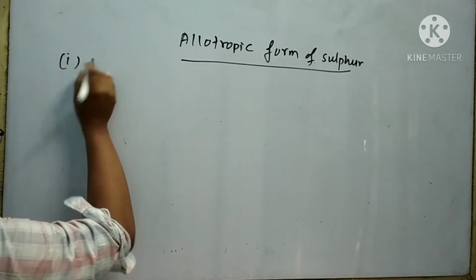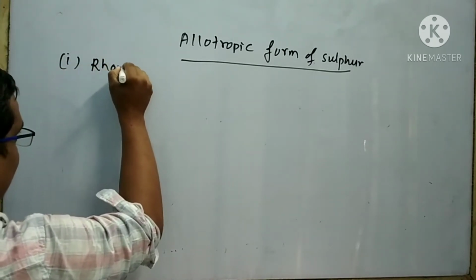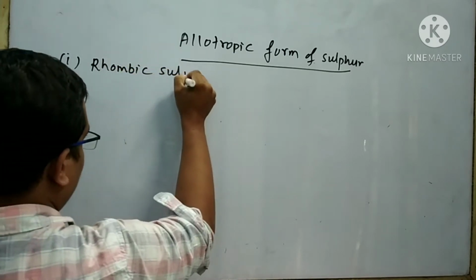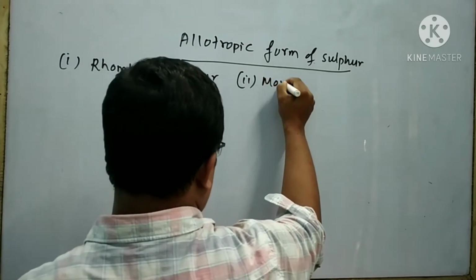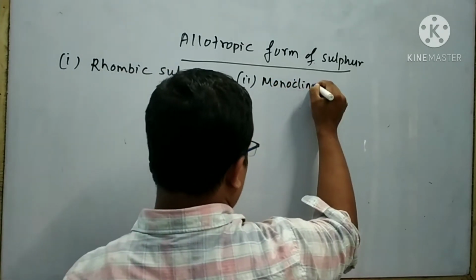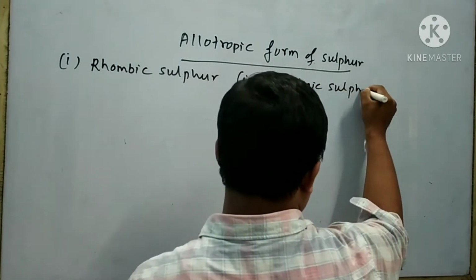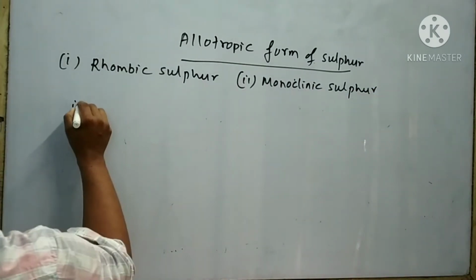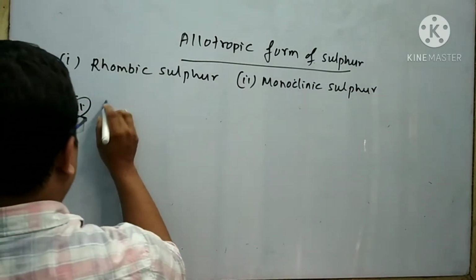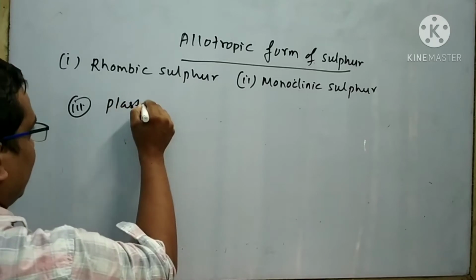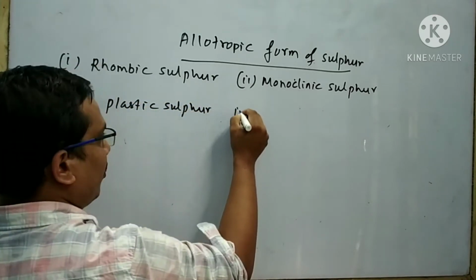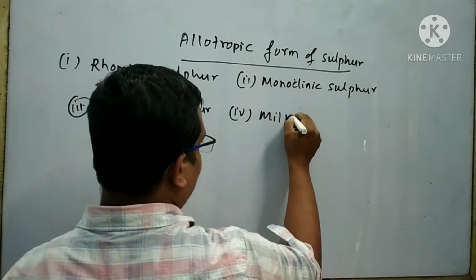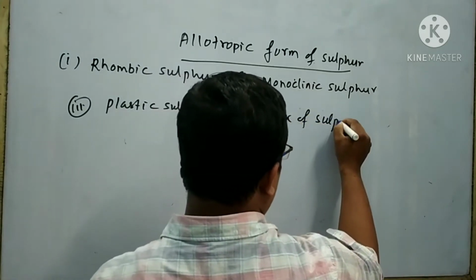Number one is rhombic sulfur. Number two is monoclinic sulfur. Number three is plastic sulfur. Number four is milk of sulfur.